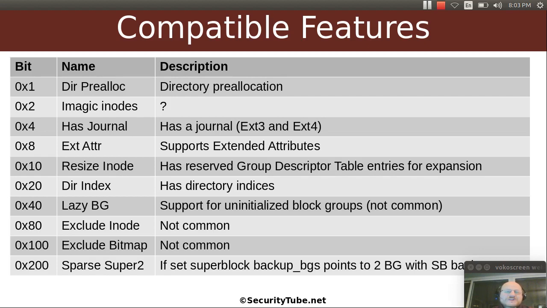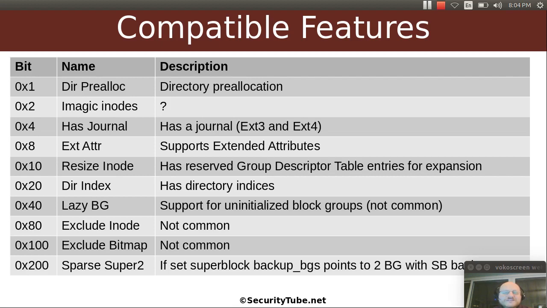Does it support extended attributes? If so, that flag will be set. The resize inode flag. This feature allows you to reserve space in the group descriptor table to allow for future expansion of the file system.